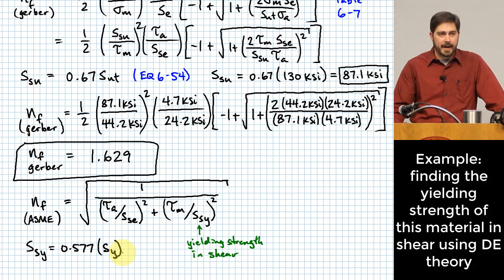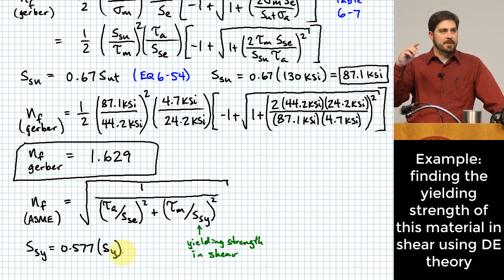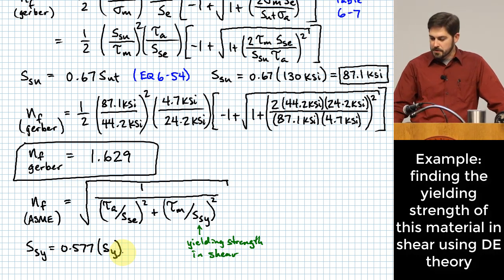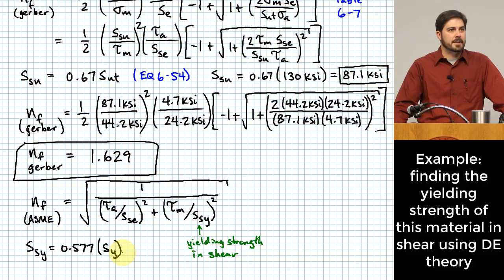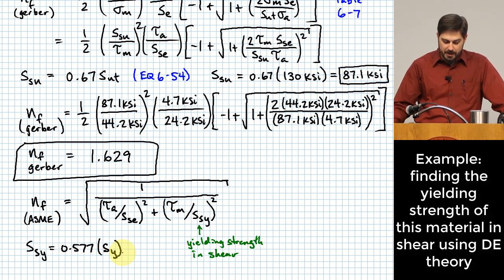This is based on that elliptical shape that we had for our distortion energy criteria, the whole idea of von Mises stress, all of that stuff. We came up with an estimation that we could use to find yielding strength in a shearing orientation if you knew yielding strength in a normal orientation.